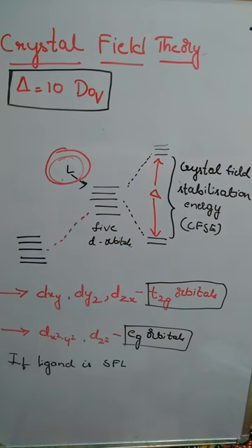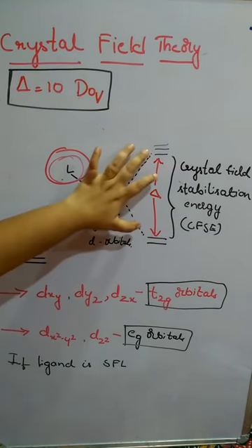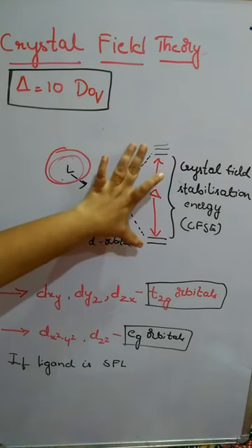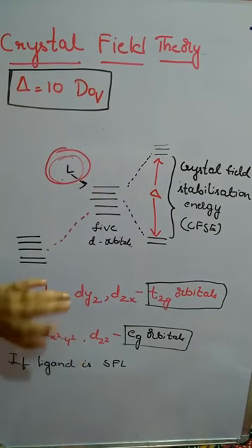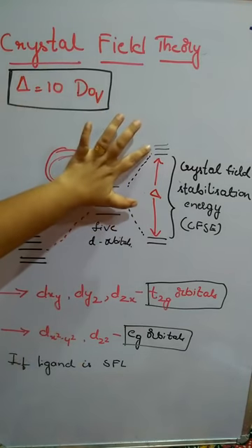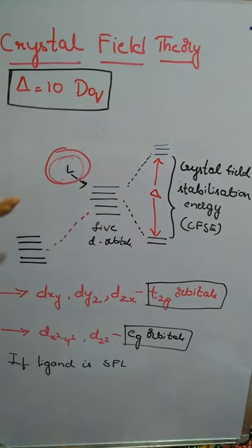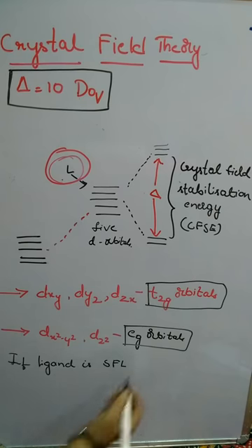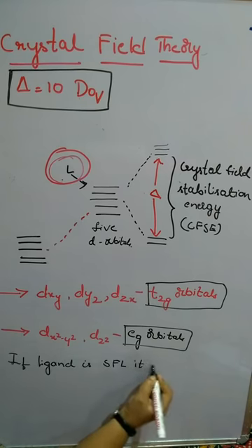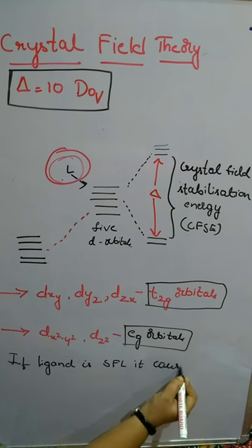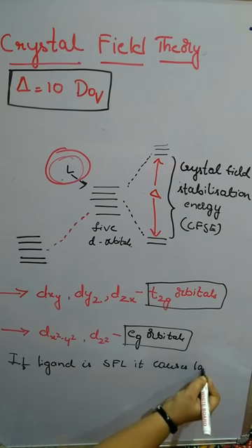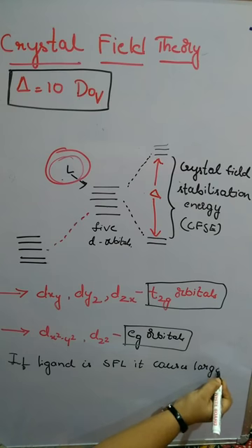That is what distinguishes them. That is, the crystal field stabilization energy will be more. What it indicates is these orbitals will lie far from one another, which means the orbitals will be experiencing more repulsion. So if the ligand is a strong field ligand, it causes large splitting.